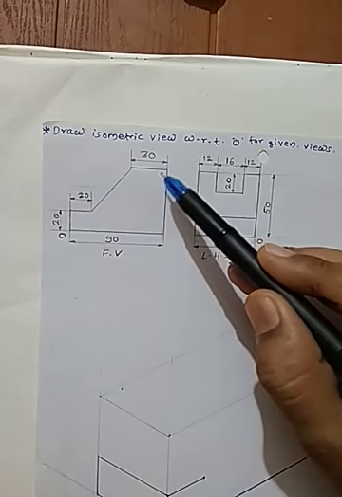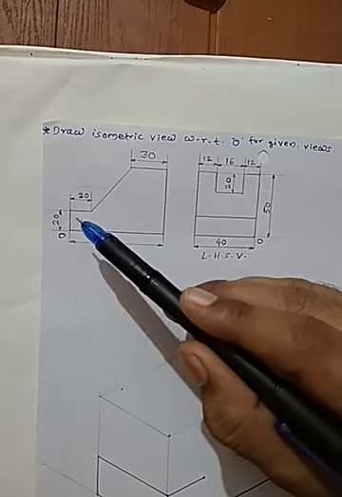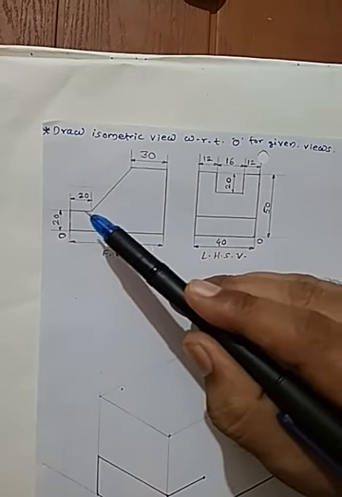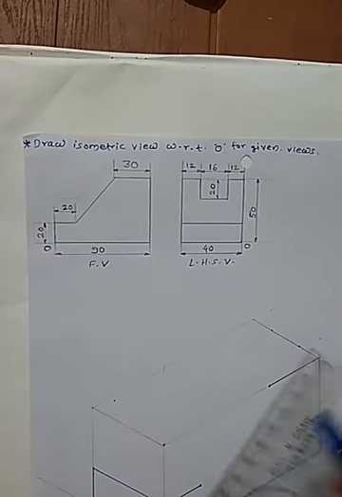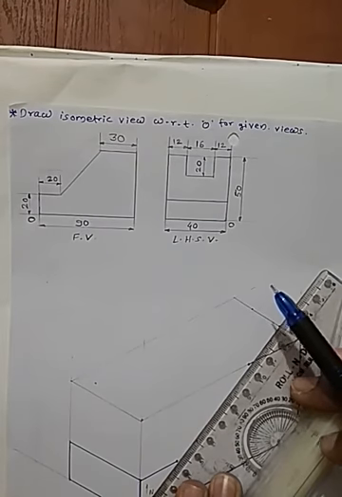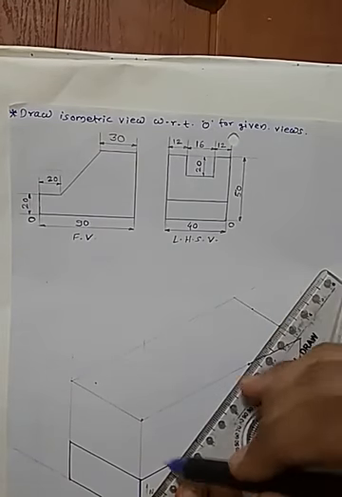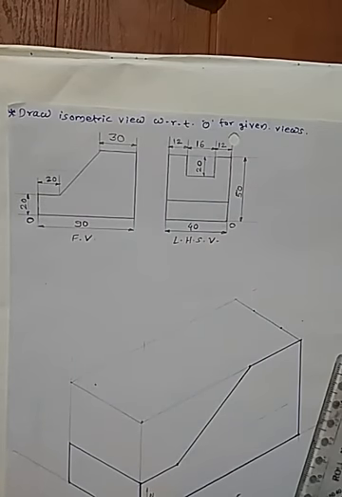This is the 30 mm horizontal distance on the extreme top edge of the front view. This is the horizontal distance of 20 mm on the base side of the front view. So we can join these 2 points, and we are able to see that slope exactly in this way. Here you can see that shape.